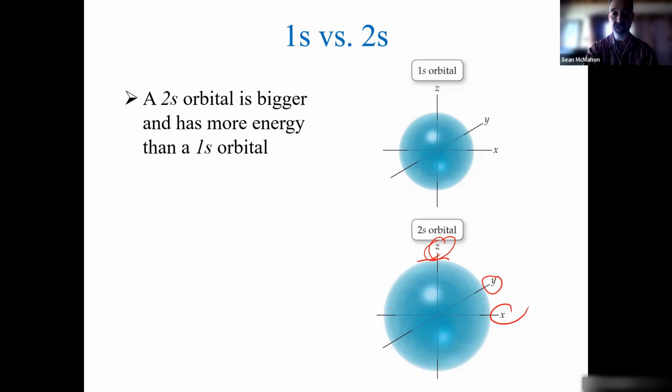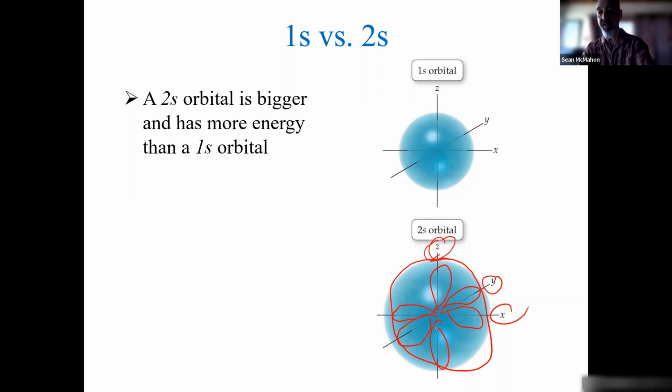So if this is my 2s, my 2p's are going to go along the axes. So that would be 2py, 2px, and 2pz. The y is going out of and into the plane, so they draw it at a diagonal to try to show that it's going like that, okay?